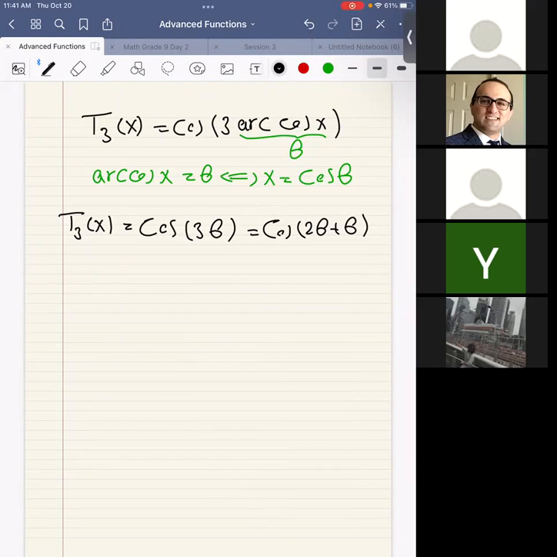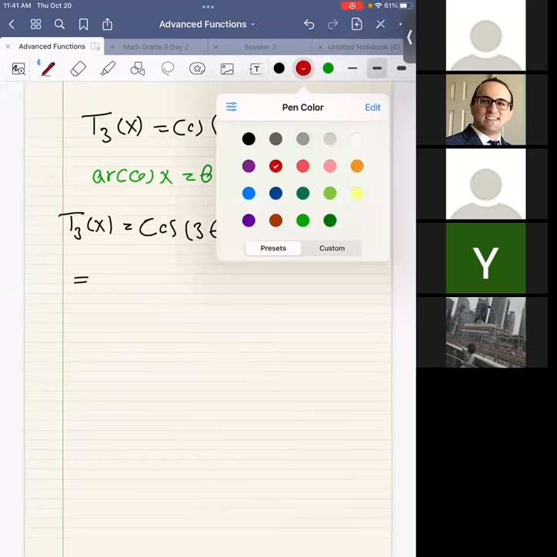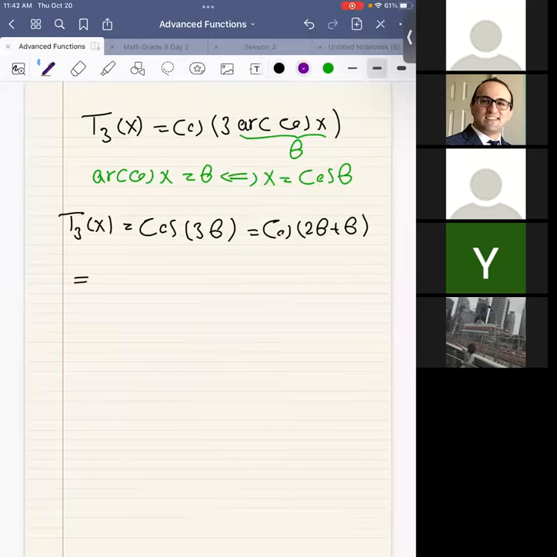Now, can you tell me the formula for cosine of a plus b? Anyone remember this formula? What was cosine of a plus b? Cosine a cosine b minus sine a sine b.